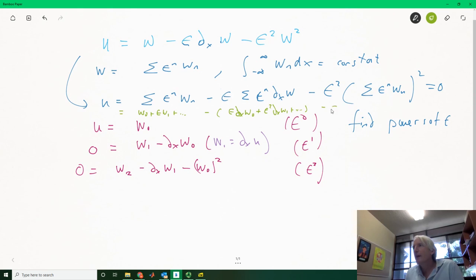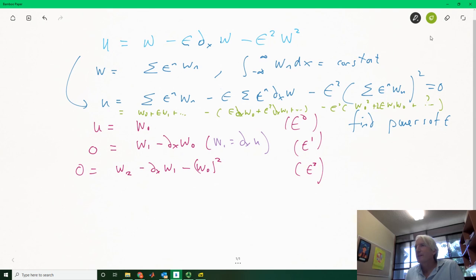And then over here we're going to have minus epsilon squared, and then we've got to think about this one. We've got w naught squared plus epsilon times 2 w1 times w naught plus, and then it gets a bit tricky, right? Dot dot dot. To work it all out, the epsilon squared term is going to be w1 squared plus 2 w naught times w2, etc. There are going to be a few more terms coming in here. Okay, and that's something to work out for the assignment.